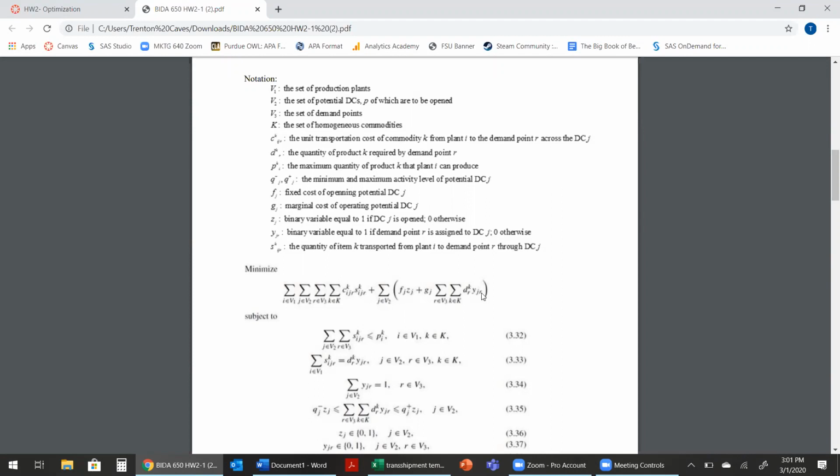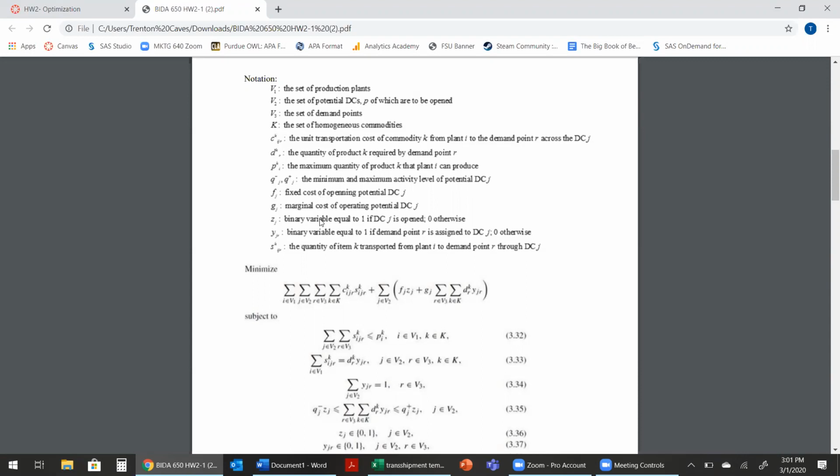Then let's go inside the parentheses, F sub j, Z sub j. F sub j, go back to the notation, is the fixed cost of opening potential DC j. So it's our fixed cost of opening a distribution center.